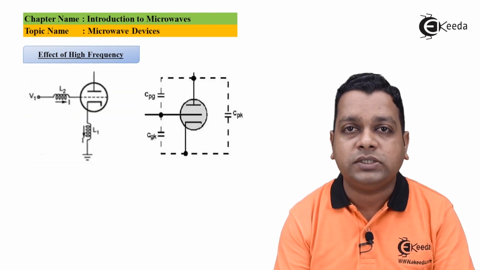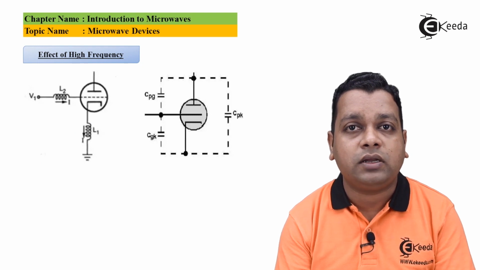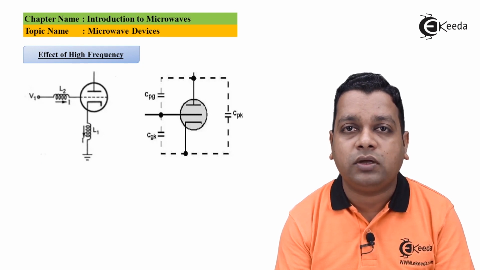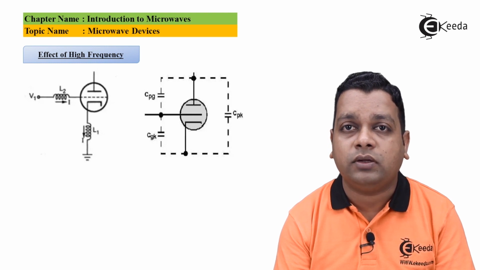So whatever we have discussed for the inter-electrode capacitance effect, the circuit implementation shows the capacitances between the 3 types of electrodes for the vacuum tube triode.